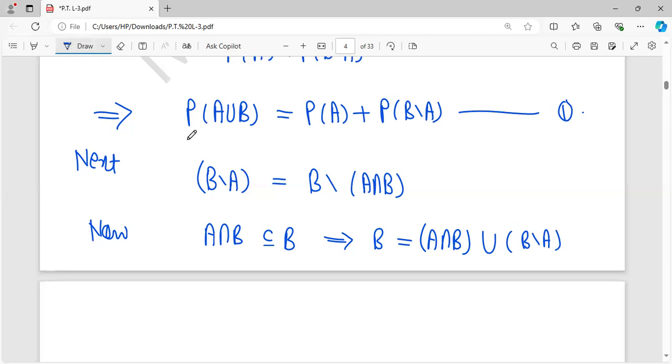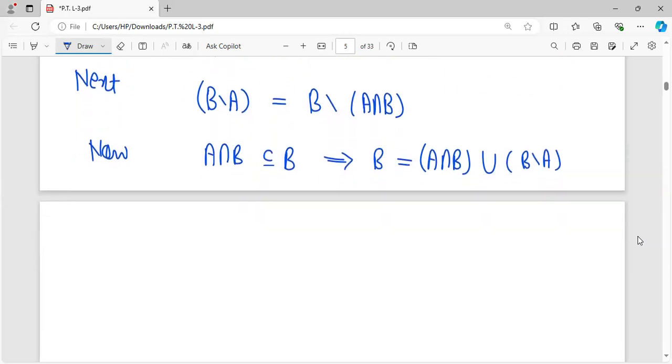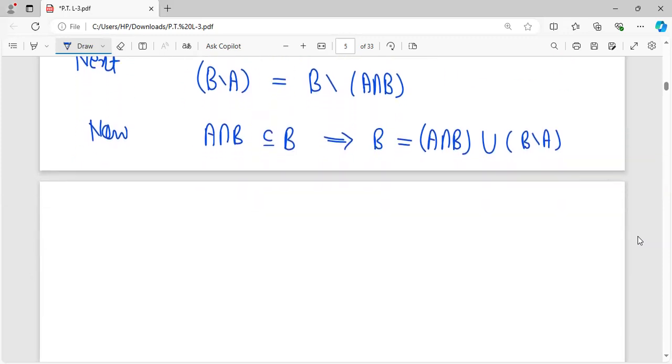Okay. So I should write here A intersection B intersection B minus A is equal to phi.